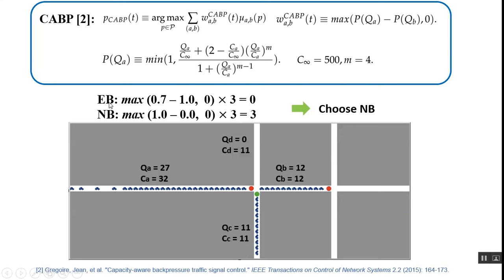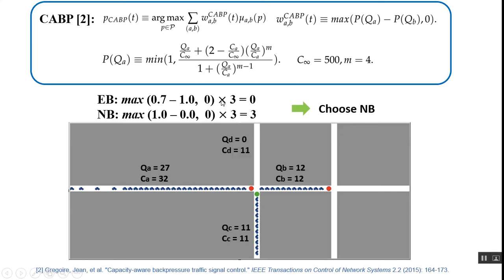So in the CABP control policy, for the eastbound phase, omega AB equals 0.7 minus 1, maximized with 0, so we get 0.